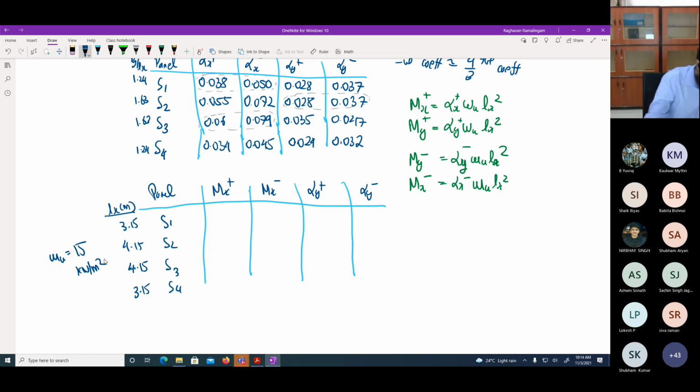Approximately the largest moment is in Mx minus and My plus. Find the values of Mx minus and My plus.